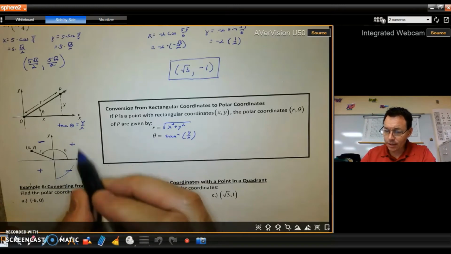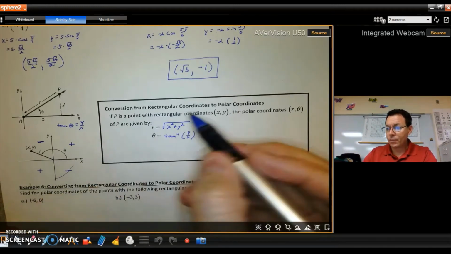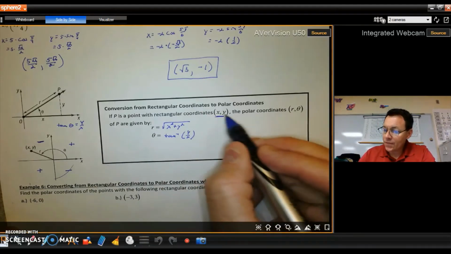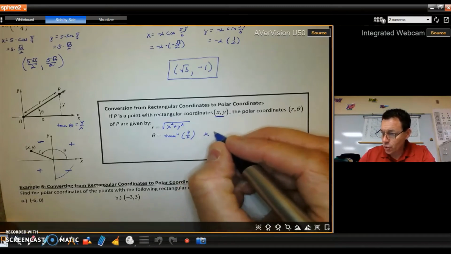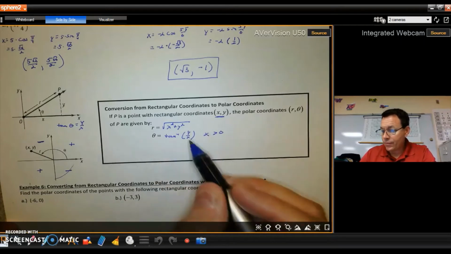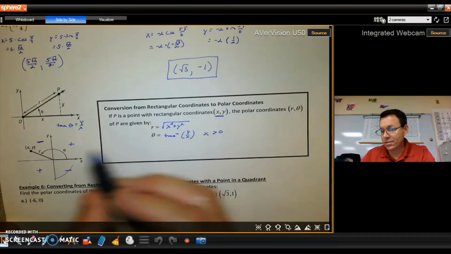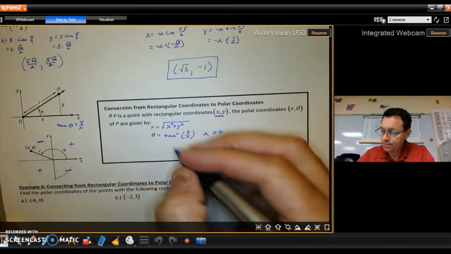Whereas if we're over here, we've gone right and then we went up or down. So remember, we are given an xy coordinate. If x is greater than 0, positive, then that's it. We're over here. If y is positive, we're going to have an angle in quadrant 1. If it's negative, we're going to have an angle in quadrant 4.